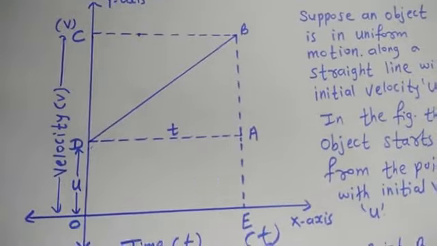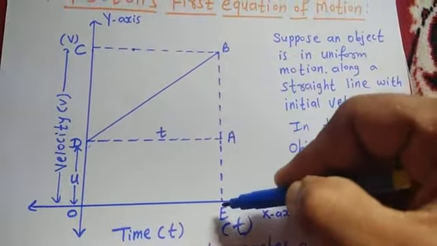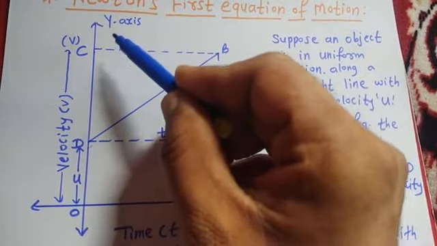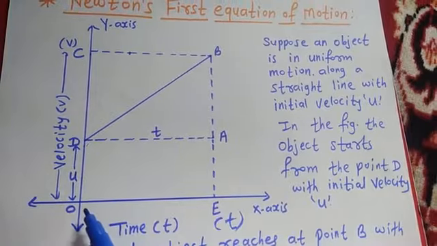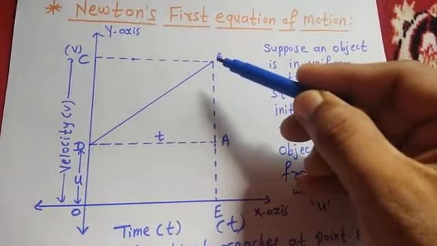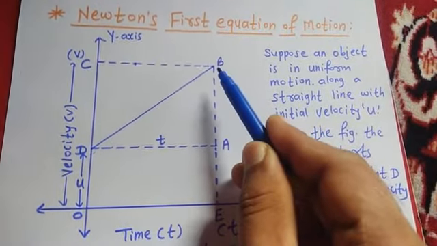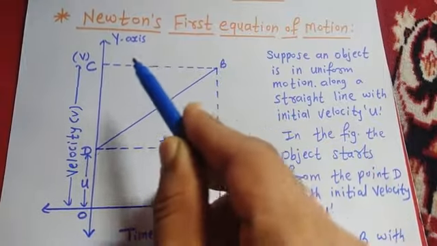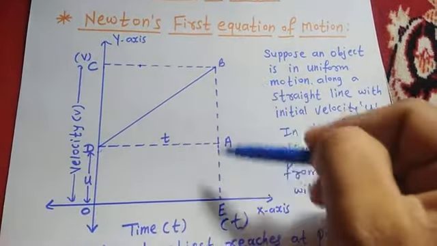Now, in the graph, line BE is drawn parallel to y-axis. Line AD is drawn parallel to x-axis. So, what is distance BE? The coordinate of point B is v. What is distance BE?